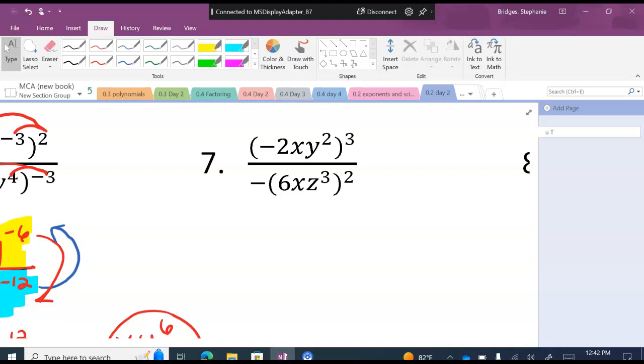Be careful with this one. We talked about the negatives yesterday, whether they were inside a parenthesis versus outside the parenthesis, whether we take them with us as we go or not.